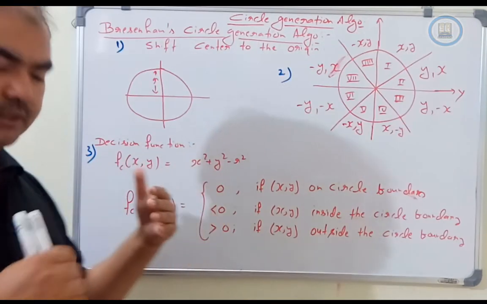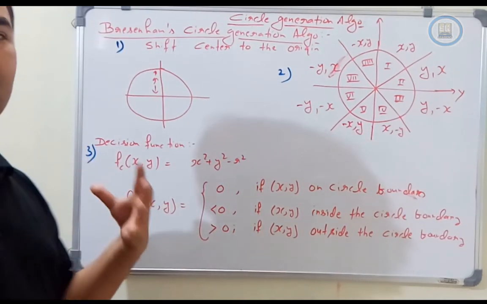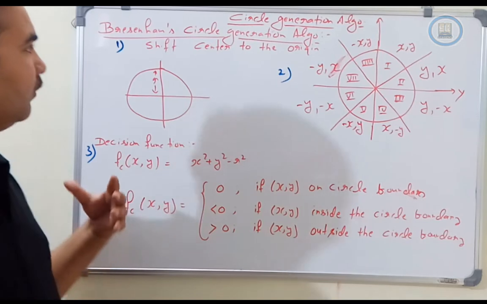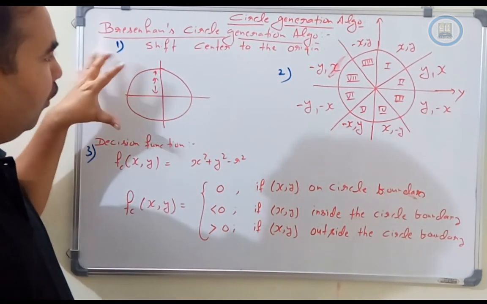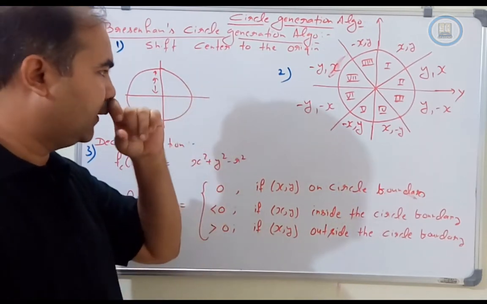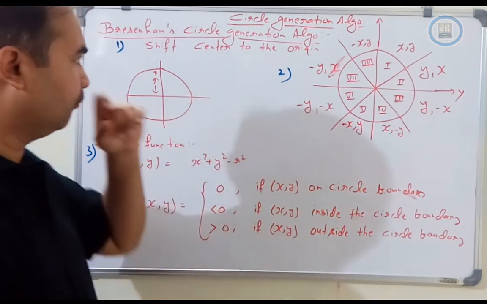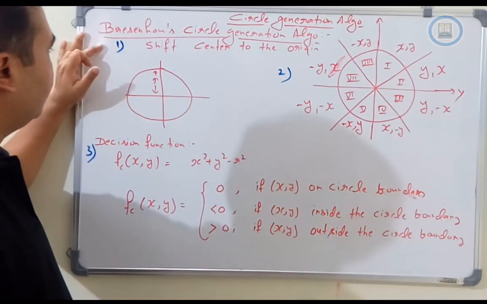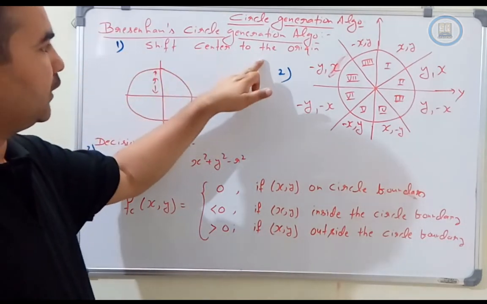This is the algorithm given by Bresenham for plotting the circle on display devices, and Bresenham modified the previous mathematical algorithm to implement it practically on display devices. The first modification he made was to shift the center coordinate to the origin.